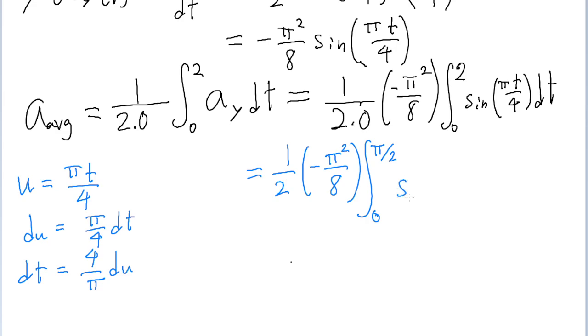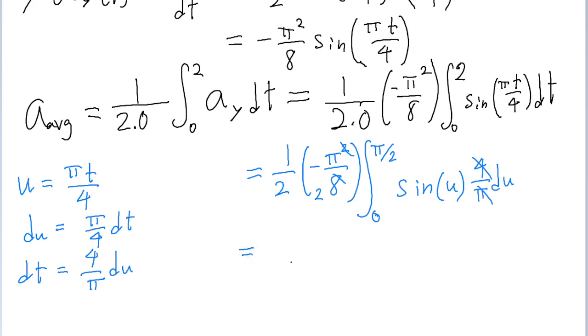And the thing we're integrating is now sine of u multiplied by dt, which is 4 over pi du. This pi cancels out with one of the pi's since it's squared. And then the 4 will cancel out with the 8 to become like a 1 over 2 thing.